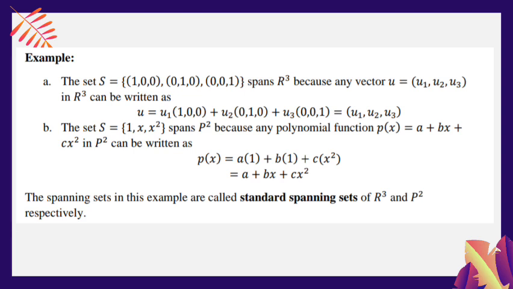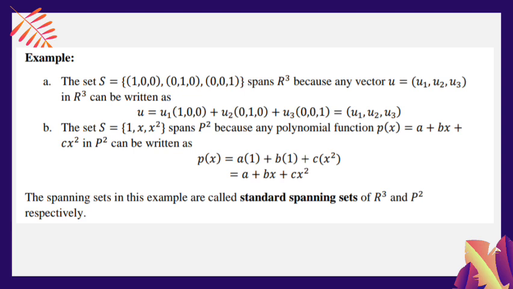And then it will be equal to U sub 1, U sub 2, and U sub 3. Another, the set S equals {1, x, x squared} spans P2 because any polynomial function p of x equals a plus bx plus cx squared in P2 can be written as p of x equals a times 1 plus b times x plus c times x squared.